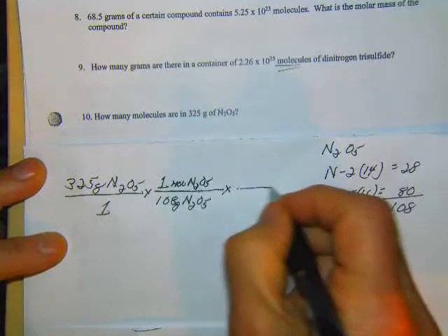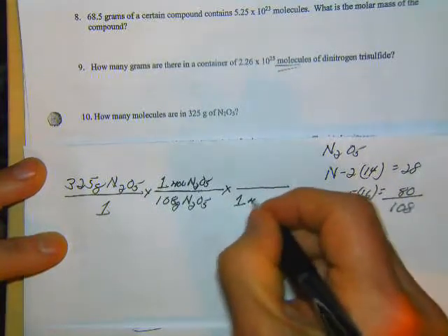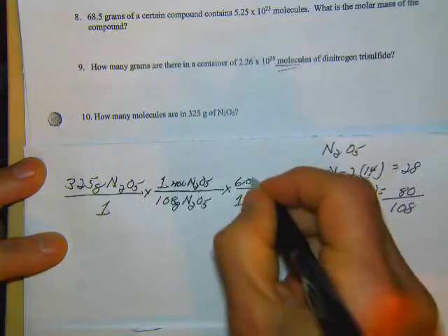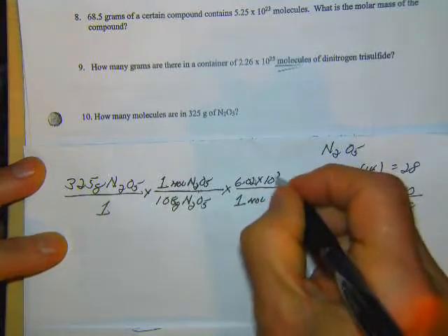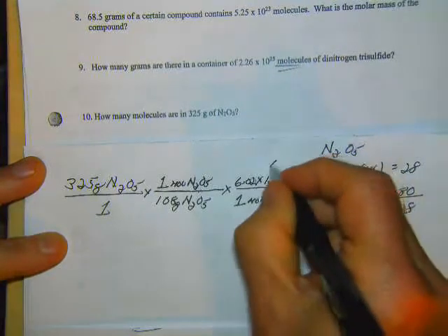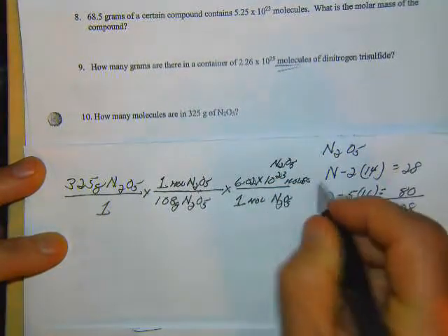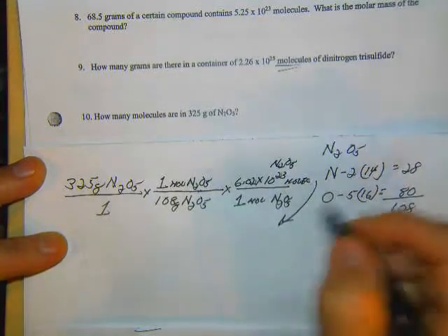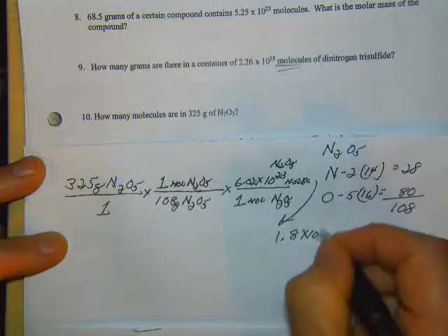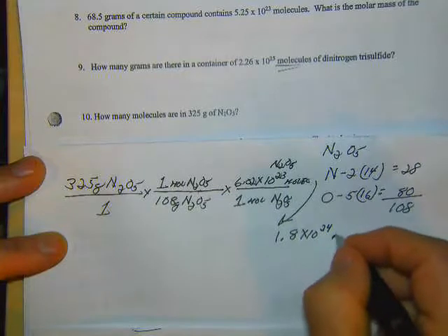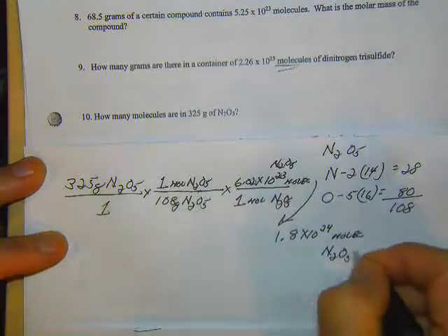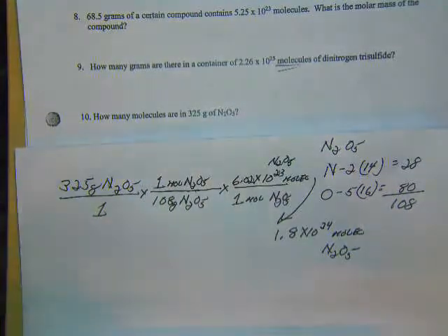And I know in 1 mole of N2O5 there are 6.02 times 10 to the 23rd molecules, and I'm going to write up N2O5 up there. So that is going to equal 1.8 times 10 to the 24th molecules of N2O5. Alright, this takes care of the front page, and again, don't be afraid to check my math.